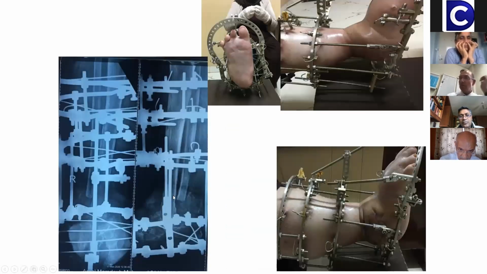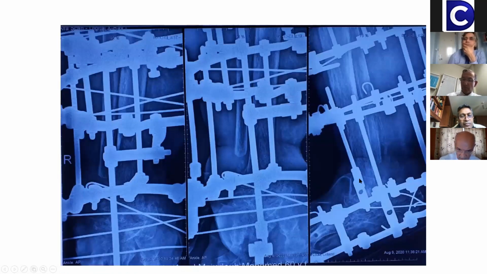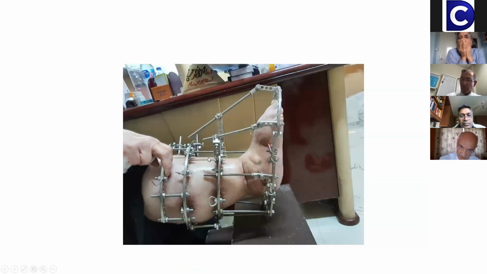Of course, we removed part of the fibula because this is transfibular. And you see the gradual correction of the wires, of the foot. Again, we checked with the AP and lateral to be sure that we are on the right track. And this is at the end of the correction.